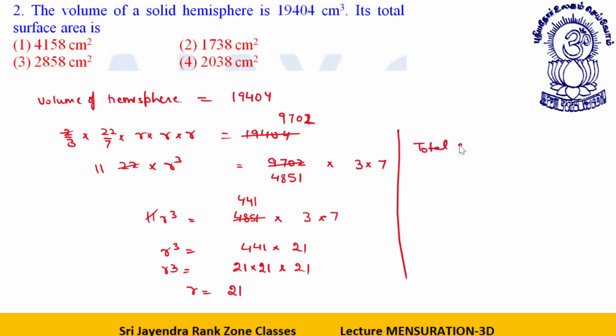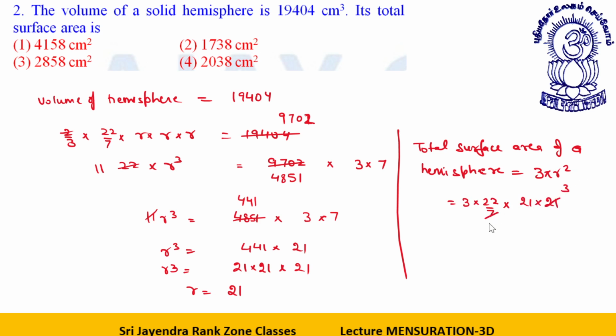Now what is the total surface area of a hemisphere? That is 3 pi r square. This is 3 into 22 by 7 into 21 into 21. 7 cancels with 21 to give me 3.